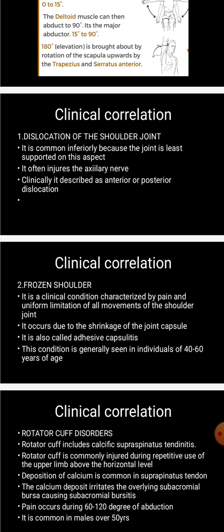Enumerate questions can come from this joint: enumerate the ligaments of the shoulder joint, enumerate the movements of the shoulder joint along with the muscles producing them. Abduction can be asked as a short note itself. Sometimes they can ask clinical importance or the anatomical basis of frozen shoulder, dislocation of the shoulder, rotator cuff disorders. So many questions can be covered within this one topic.